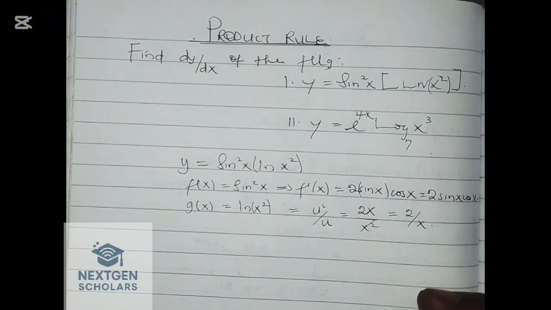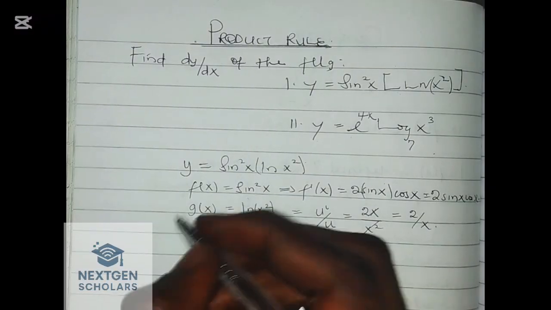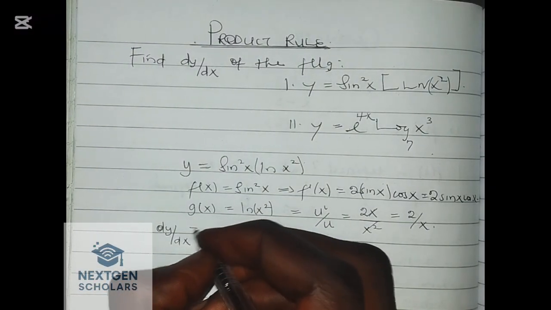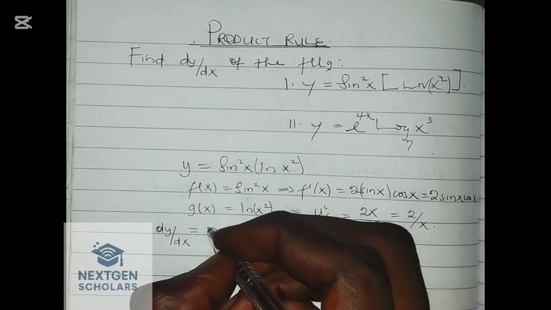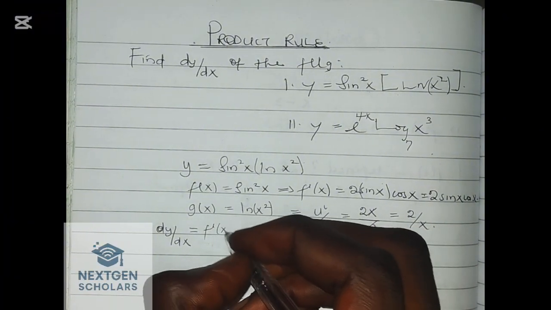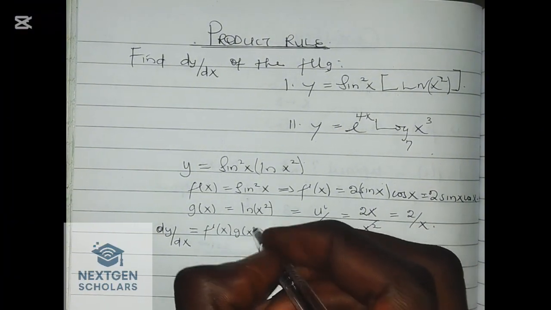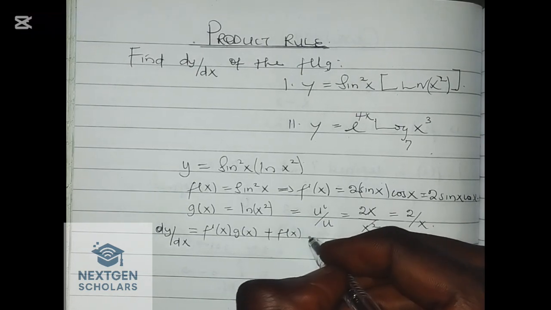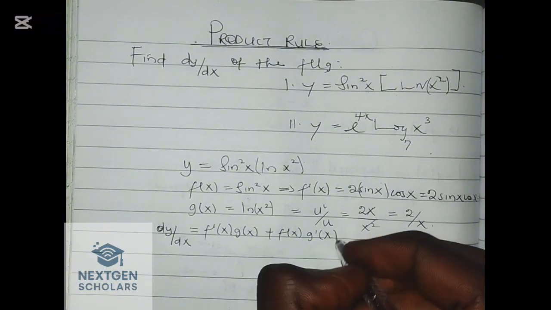Let's apply that in the product rule and see what we get. dy/dx will become, the product rule says, f prime of x and keep g of x, plus we keep f of x and we have g prime of x.